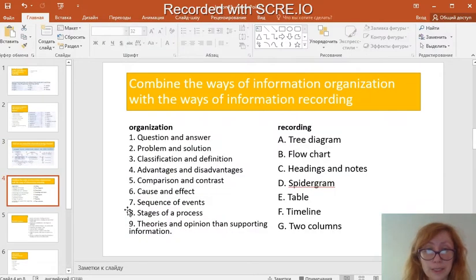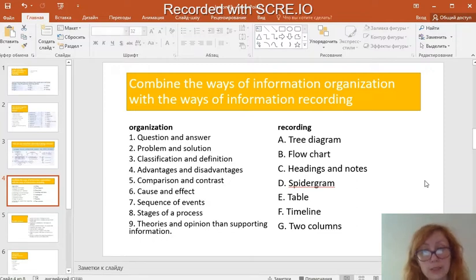And then the next task, they suggest you combine the ways of information organization, like the way the lecturer organizes that information delivering the lecture to you, and the ways of information recording, which would be most convenient.